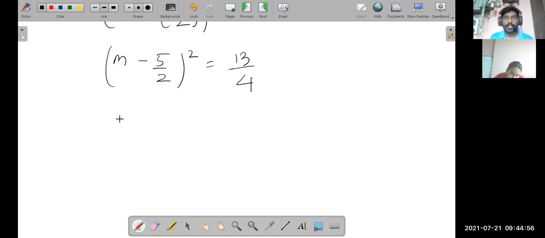Okay, and then when you take square root both sides, you'll have m minus 5 upon 2 is equal to root 13 upon 2. Then you'll have to put a plus minus also. From here, I think you'll be able to do the calculation.